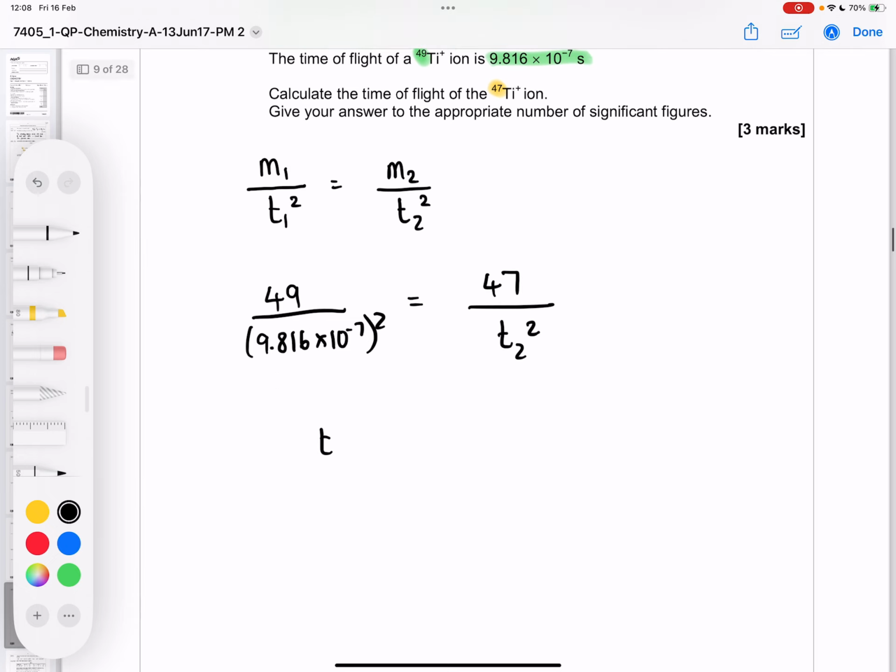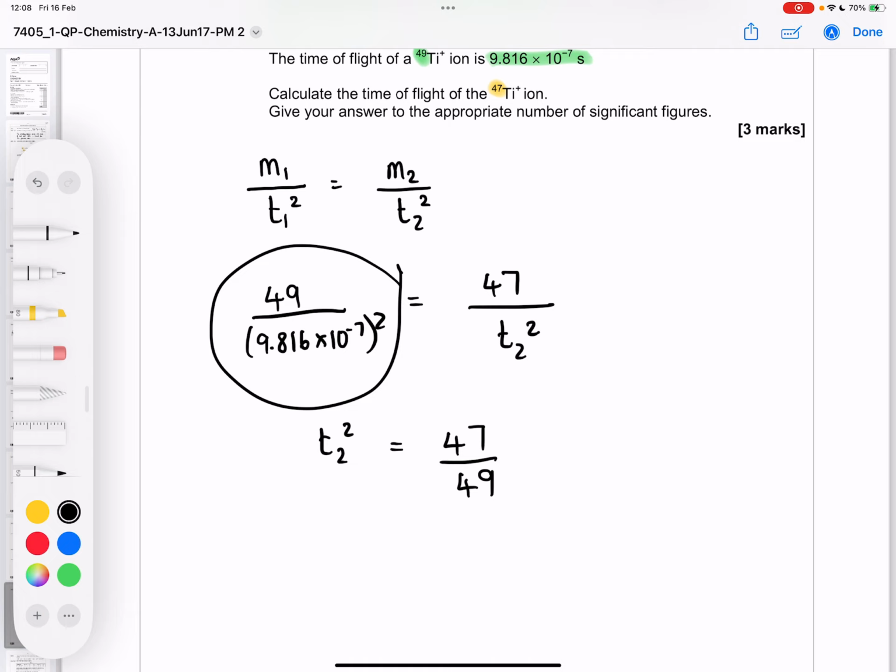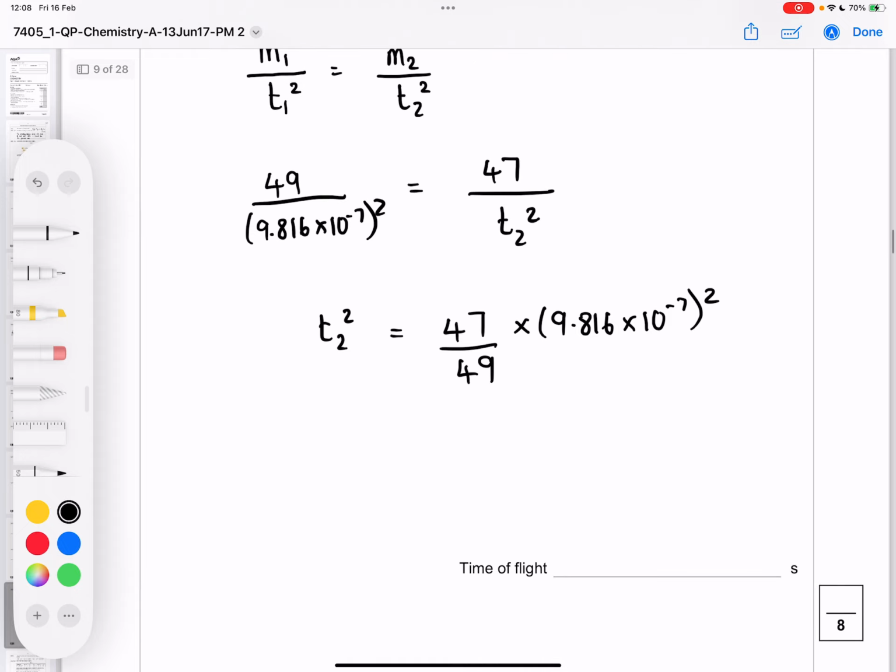If we rearrange that, we'd get time 2 squared. So we're timesing up time 2 from the bottom line, and we're bringing the other items on the left hand side here over to the right. So it becomes 47 divided by 49 times by time 1 squared. We type all that in our calculator and then square root it.